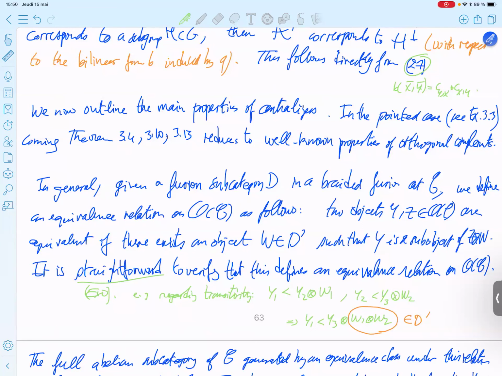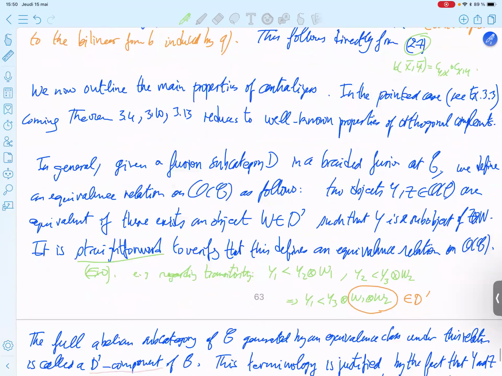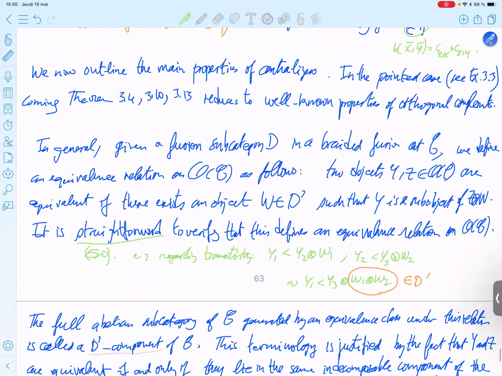So, for example, assume the commutant, the centralizer of D, is trivial. So you first assume this case. The centralizer of D is trivial, so the only possible W is W equal to 1.